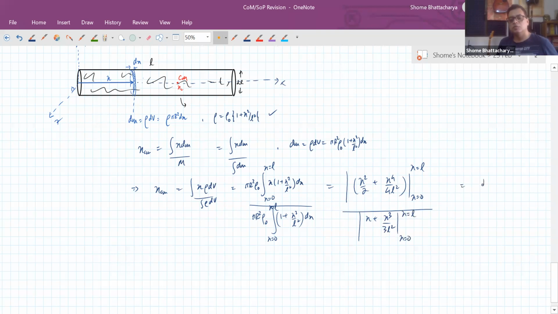So this will become 1 by 2 plus 1 by 4 L square divided by 1 plus 1 by 3 L. So 3 by 4 L divided by 4 by 3. So this becomes the x coordinate of the center of mass.